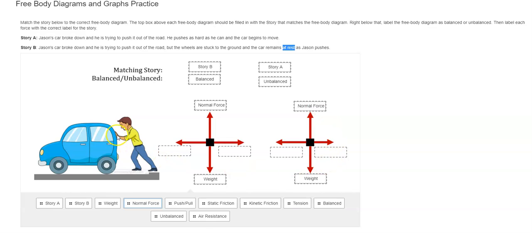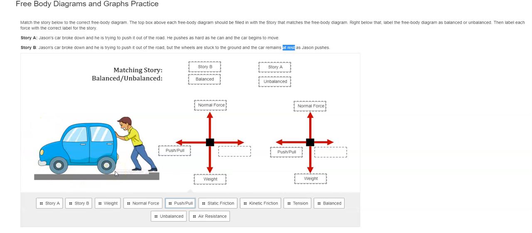All right, so now we also know that he is pushing to the left, and so the arrow that's pointing to the left is going to be his push or push-pull, and that's going to be true on both of them. What's different about these is going to be the force that's pointing in the opposite direction. As we discussed in the previous video, when the forces are balanced, that was when it wasn't moving at all.